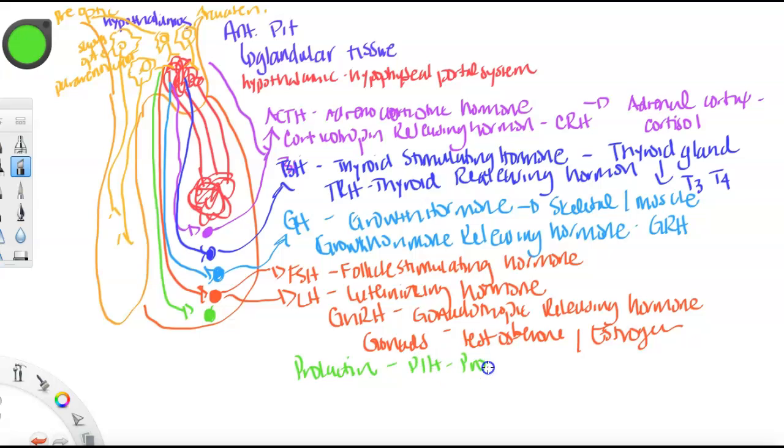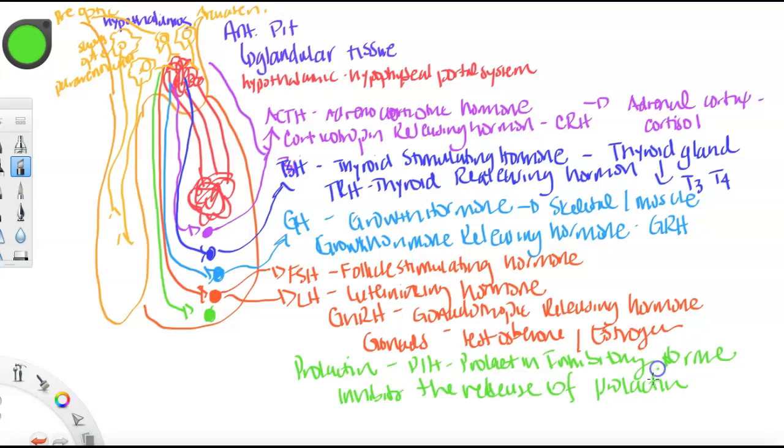PIH, prolactin inhibitory hormone from the hypothalamus, inhibits the release of prolactin in normal circumstances. So the only time it stops sending the prolactin inhibitory hormone is after pregnancy, when it is time to provide milk for the baby. Okay.